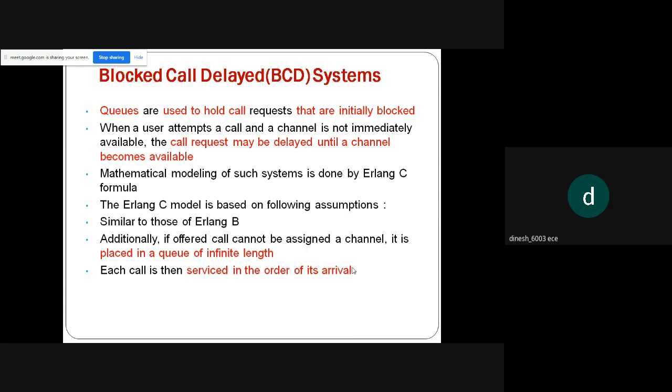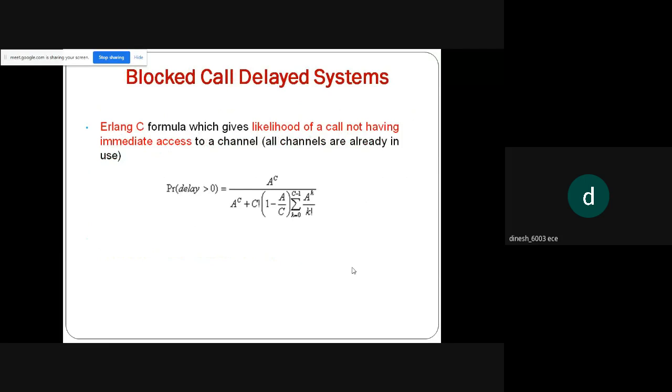Each call is then serviced in the order of its arrival, depending upon the time. Erlang C can be calculated by this formula: the probability of delay greater than 0 equals A^C divided by A^C plus C! (1 - A/C) times the summation for k = 0 to C-1 of A^k divided by k!.